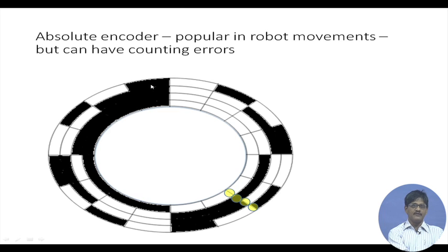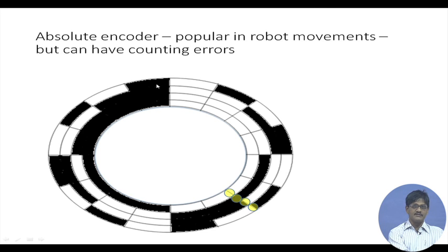So, when we have sensors corresponding to 4 of these channels, there are 4 channels here. The outermost channel is the least significant bit and the innermost channel is the most significant bit. When it is rotating, the outermost channel goes 1, 0, 1, 0, 1, 0 like that.